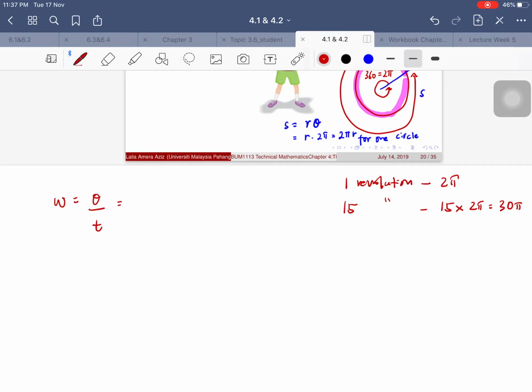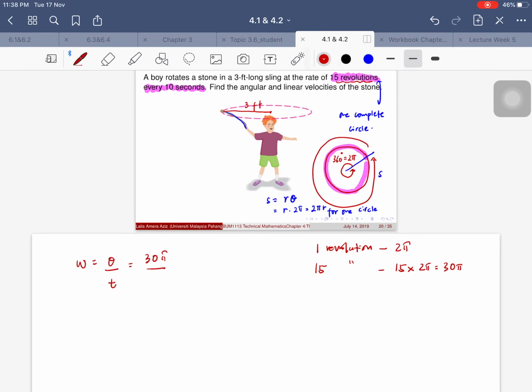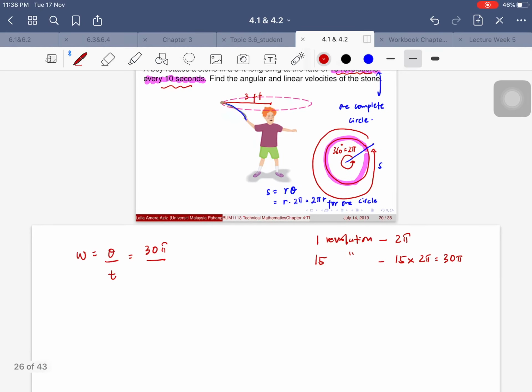So when he swings that around, it actually rotates through an angle of 30 pi. That is a very big number. So we can substitute right here. What is the theta value? That is 30 pi. And for how long, what is the time for that to happen? The 15 revolutions take how long? It is every 10 seconds, so time is 10 seconds.